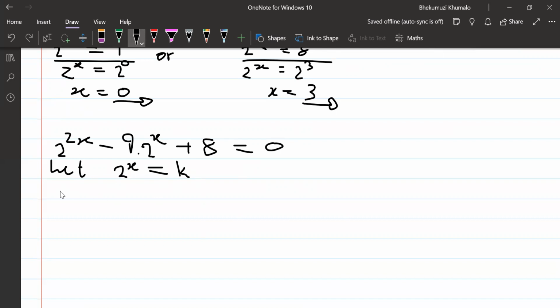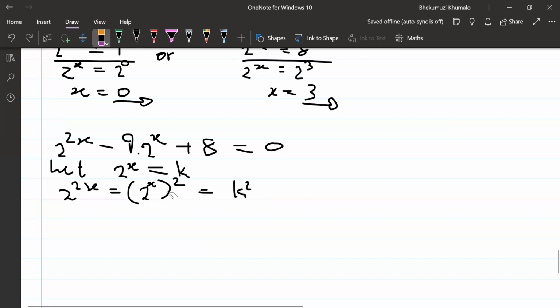So in this case, remember 2 to the 2x is the same as saying it is 2^x all raised to 2, right? Because then it's 2 times x, which is 2x, right? So in the place of 2 to the power x we put k to the power 2, okay? You understand that part, right?